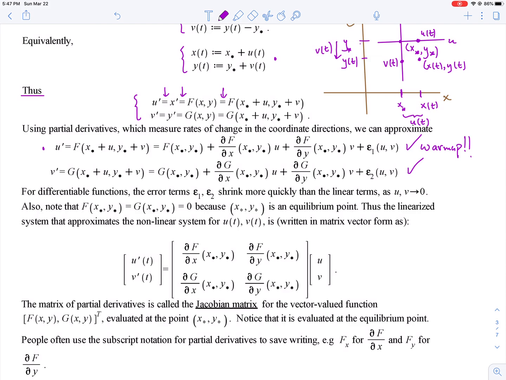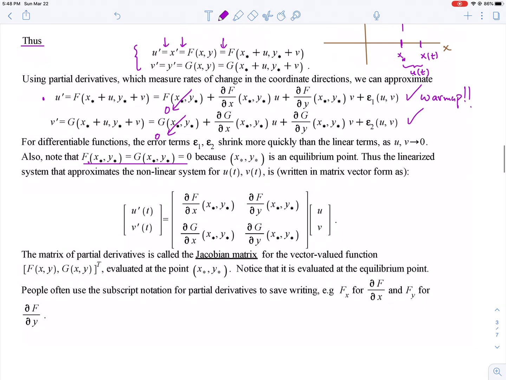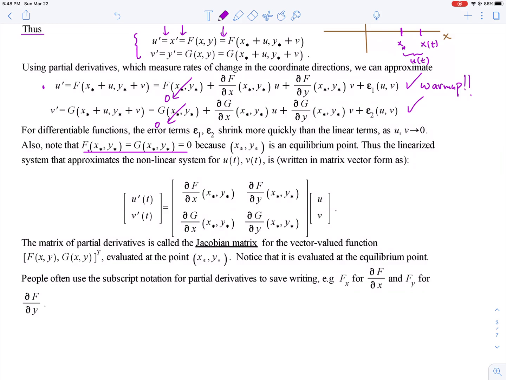Okay, we're at an equilibrium point though, so f of x star, y star is 0, and g of x star, y star is 0. And now what we do for the linearization is we figure that when u and v are small, the epsilon 1 and the epsilon 2 are negligible compared to the linear terms, and so we just throw them away.